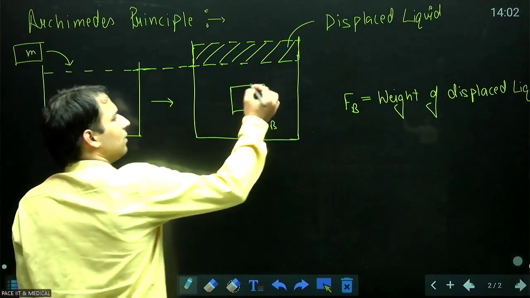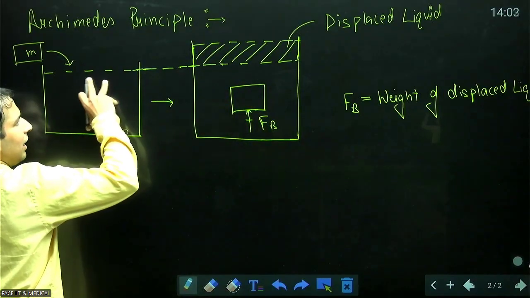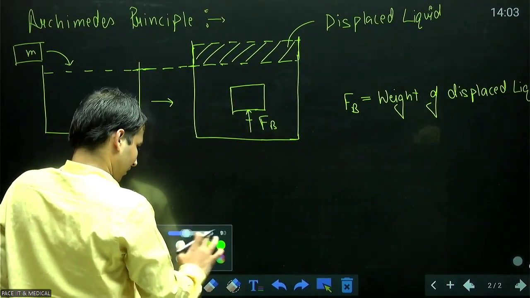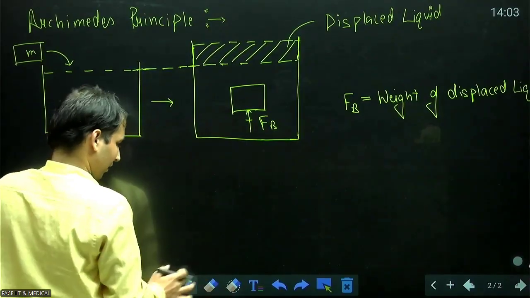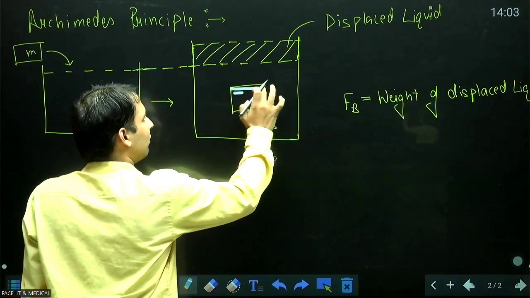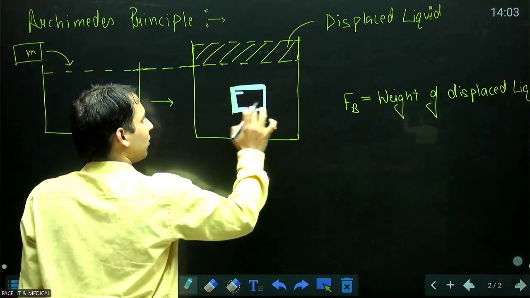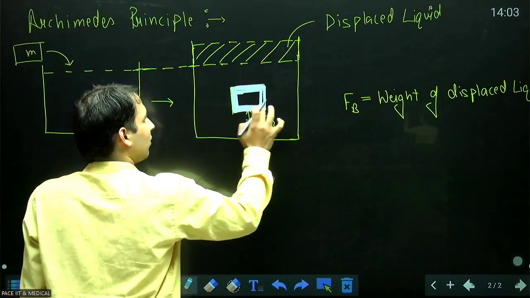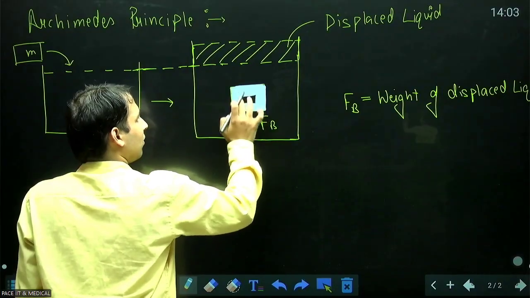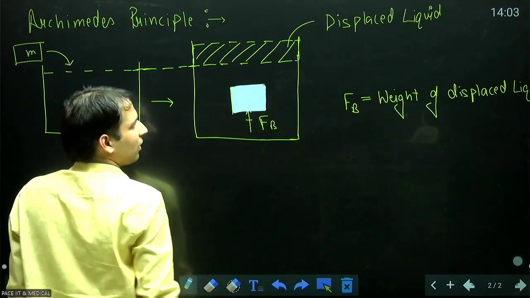So basically, this was the initial volume of liquid, and this much volume is occupied by your object.